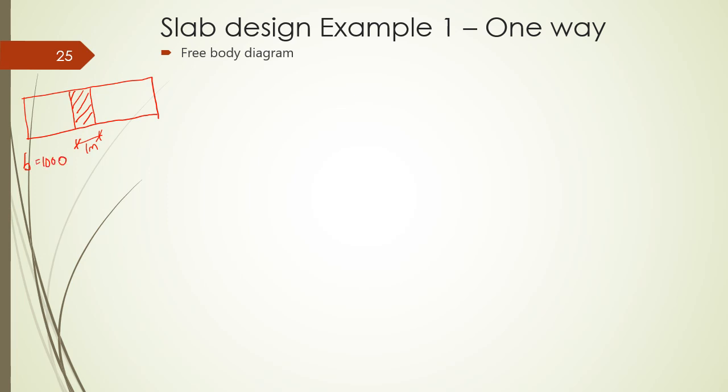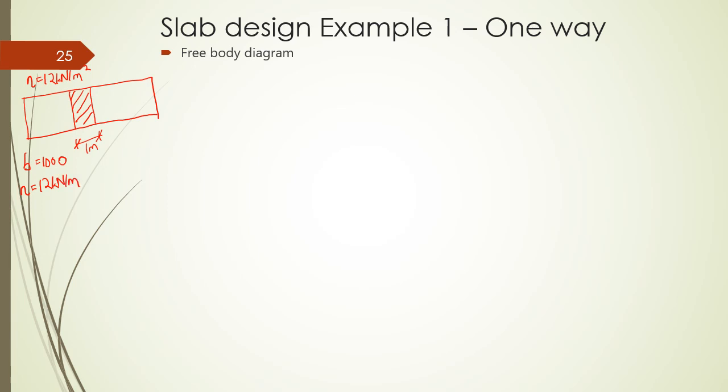And we have found the design load as 12 kilonewton per meter squared. So multiplying 12 kilonewton per meter squared by 1 meter, we will get the design load on this 1 meter strip is 12 kilonewton per meter.